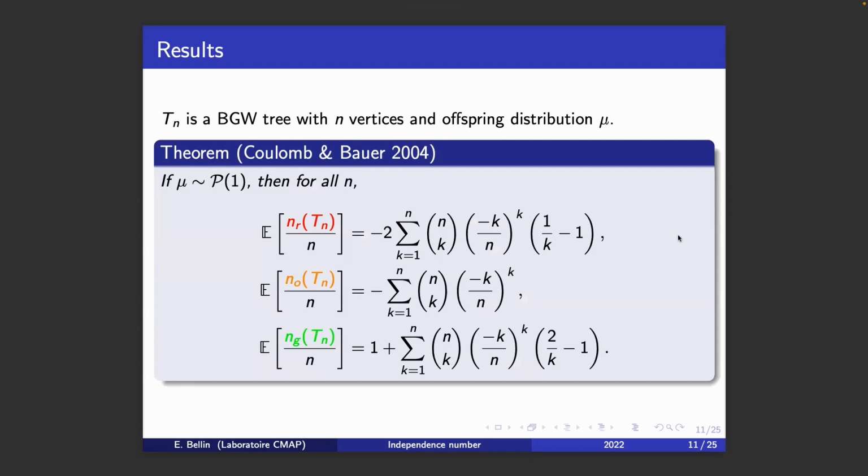Namely, if you reroute your tree Tn, you don't change the law. You are stable by rerouting the tree. And so you can obtain some nice induction formulas and so you can rather explicitly compute those quantities. But of course, this doesn't work if we are not in the Poisson 1 case.